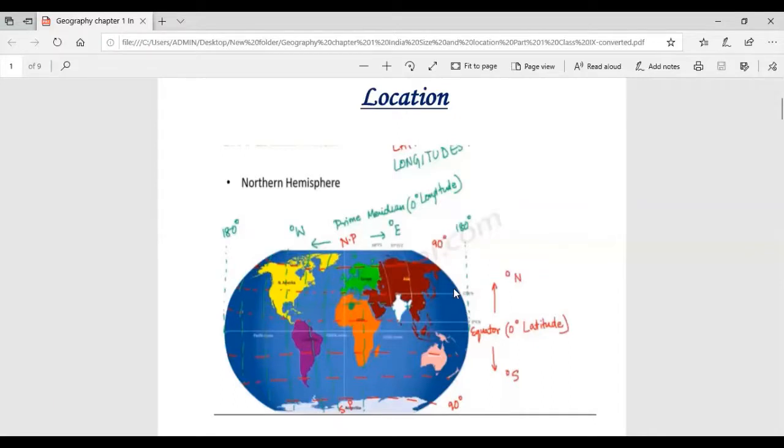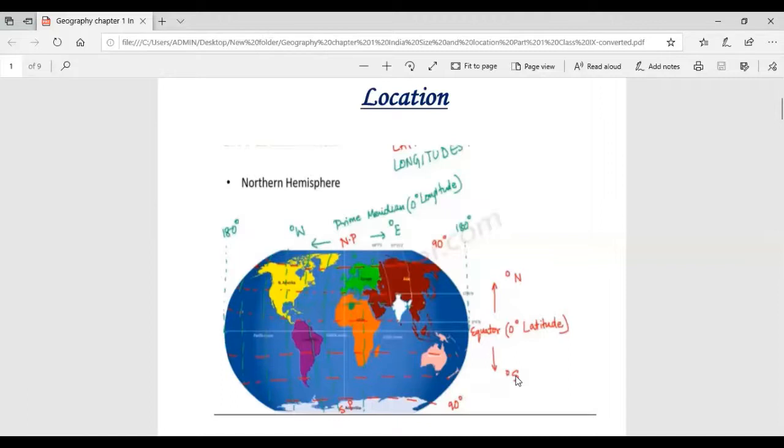If we measure the latitudes upwards from the equator, it is measured in degrees north. And if we are measuring the latitudes downwards, from the equator towards the South Pole, then it is measured as degrees south.